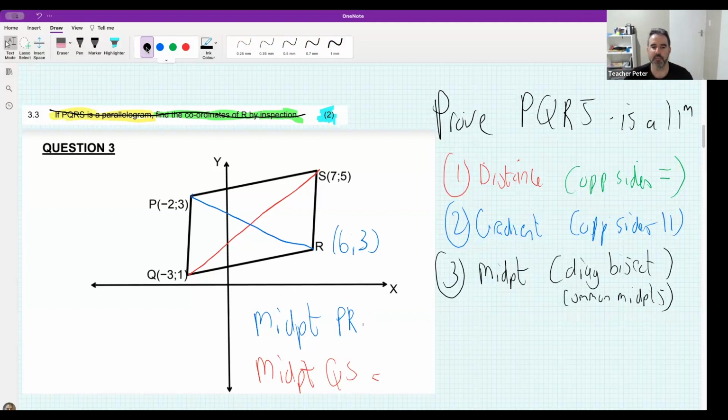So find me the midpoint of the blue one, find me the midpoint of the red one, and let's see what happens. Pop your answer in the chat when you've got them.